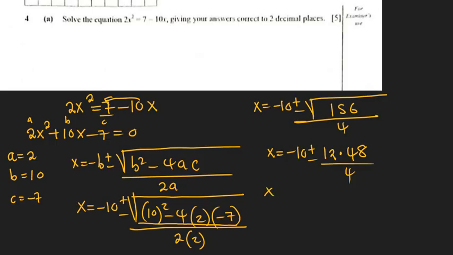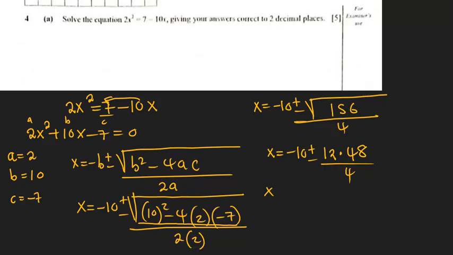So now we can find our values. The first one will be minus 10 minus 12.48, to 2 decimal places.